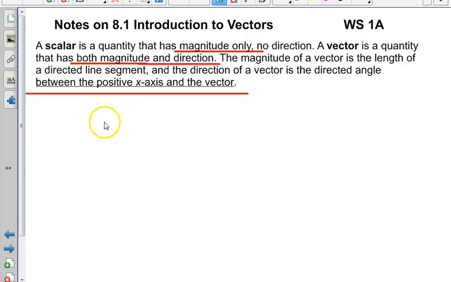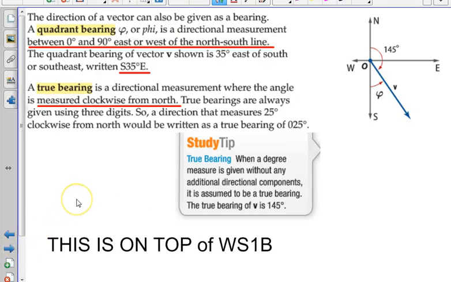All right. So this is from the top of your notes. Says just exactly what we've gone over. And the direction we're going to talk about is between the positive x-axis and the vector. All right, even today we're going to talk a little bit about quadrant bearings and true bearings.